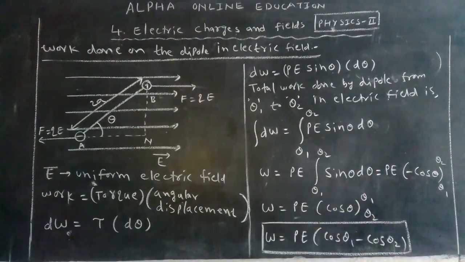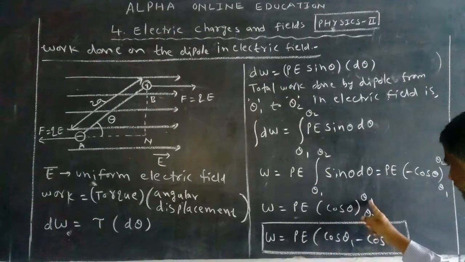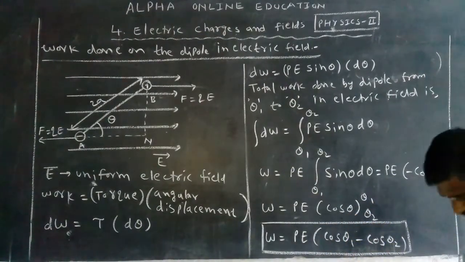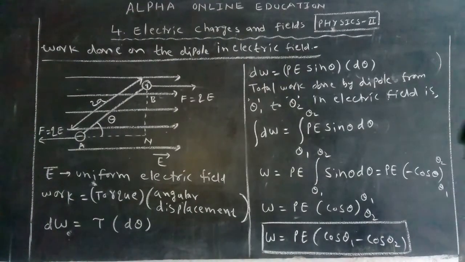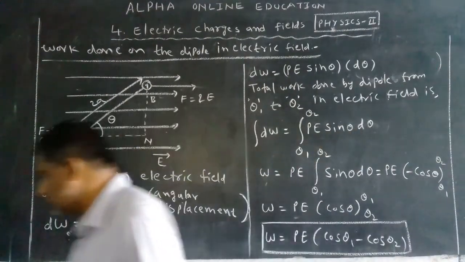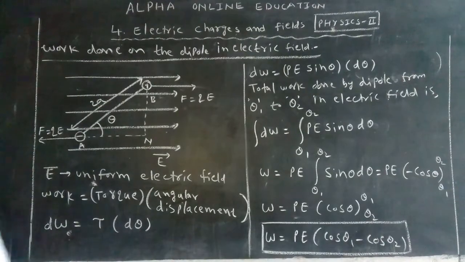So substitute that: PE times cos theta 1, first this value, minus cos theta 2. This is the expression for work done on an electric dipole in the electric field.